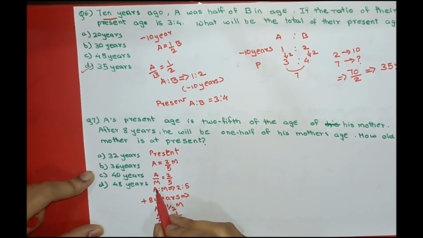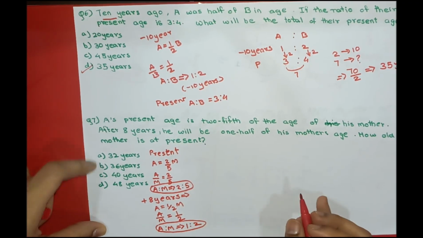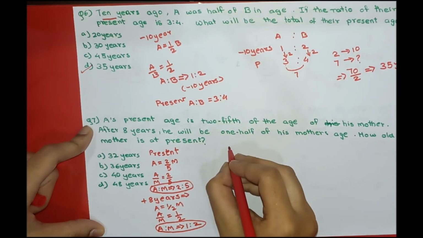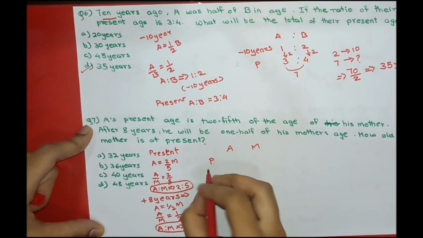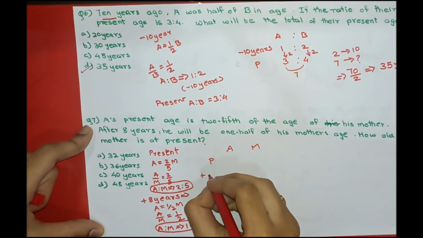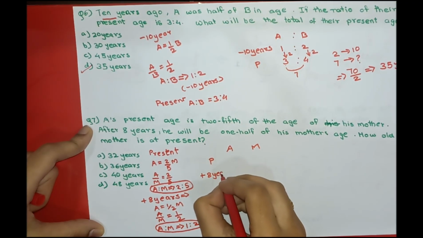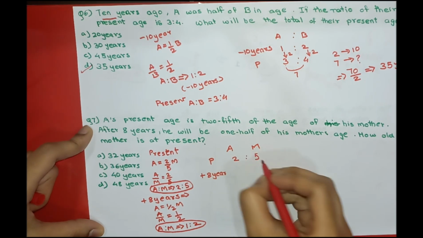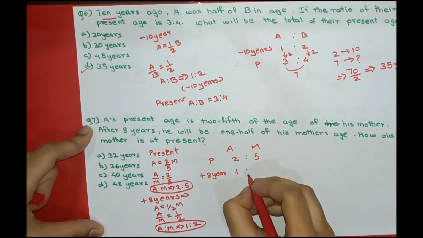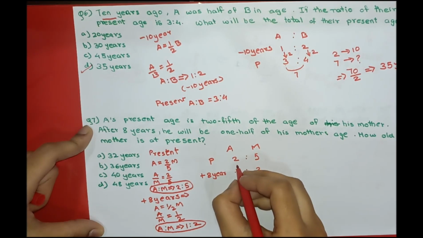So the ratio of present age of A and his mother is 2:5 at present, and after 8 years the ratio becomes 1:2. So let's try solving it. There are two persons A and M. So this is the present age and this is the age after 8 years. Initially the ratio was 2:5 and after 8 years the ratio is 1:2. Now check the difference.